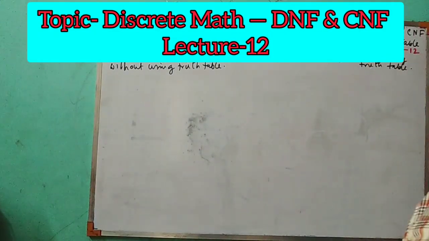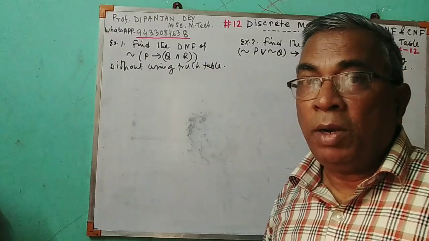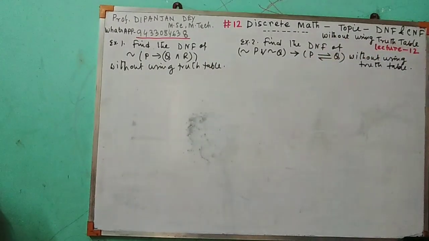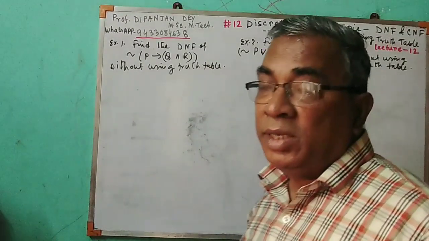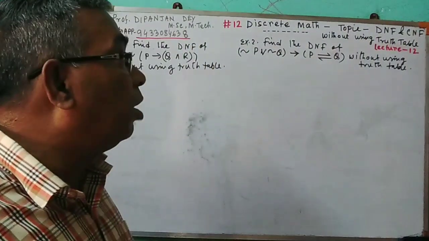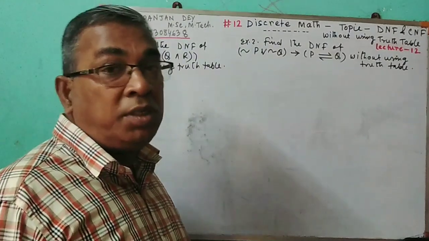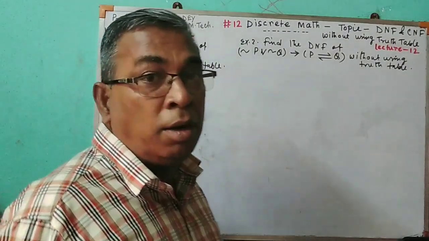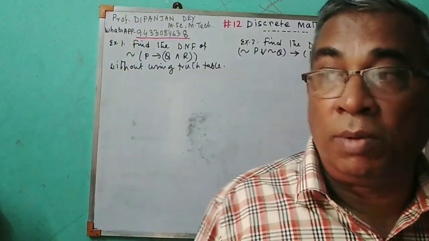In this lecture, the learner will be able to understand how to find DNF and CNF, disjunctive normal form and conjunctive normal form, without using a truth table.